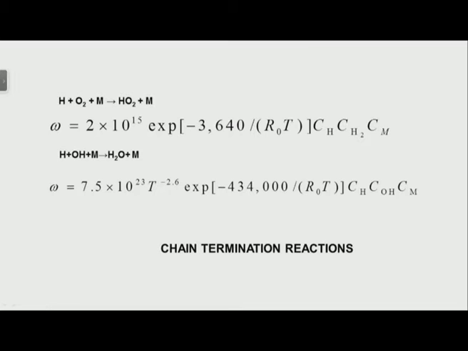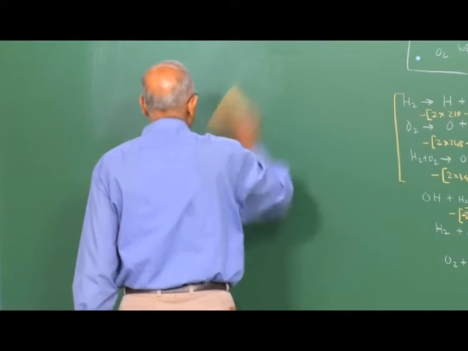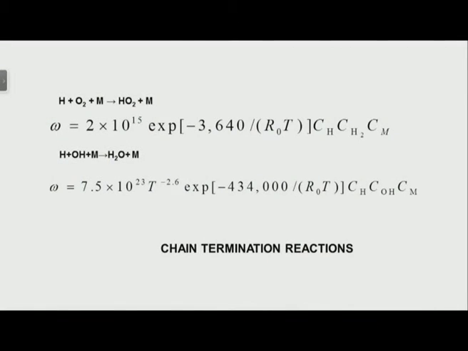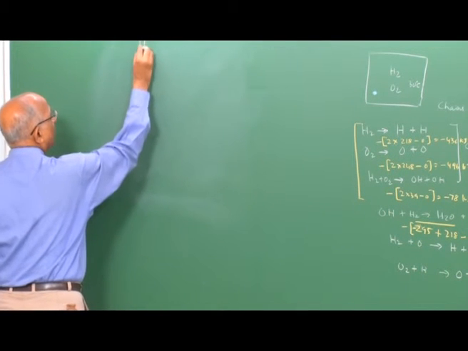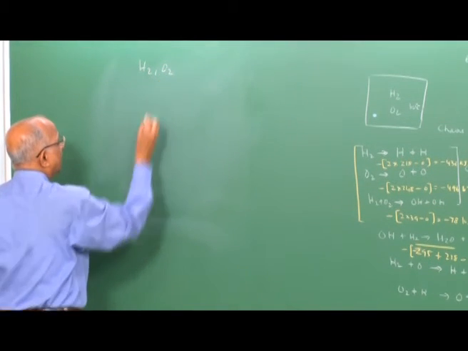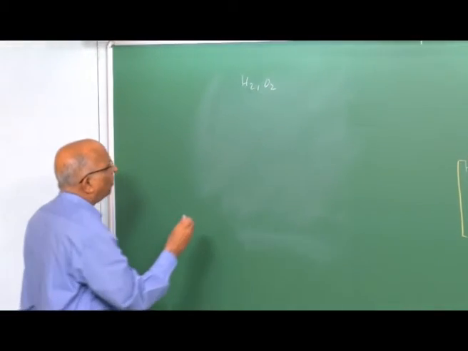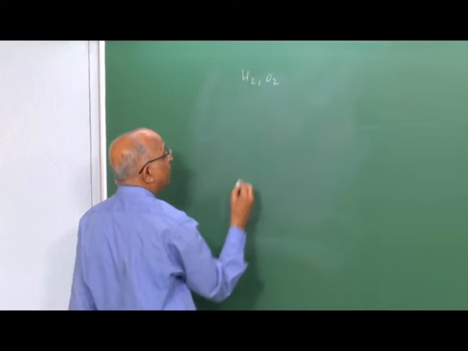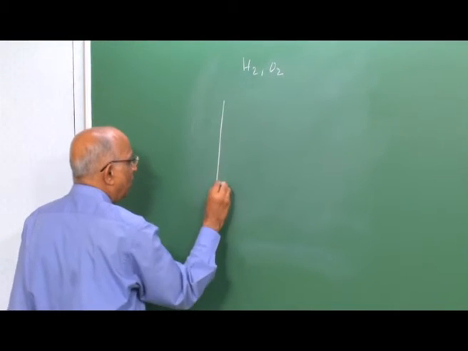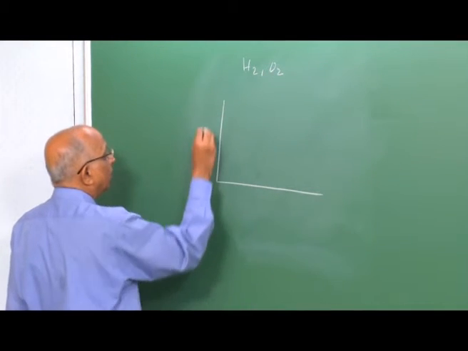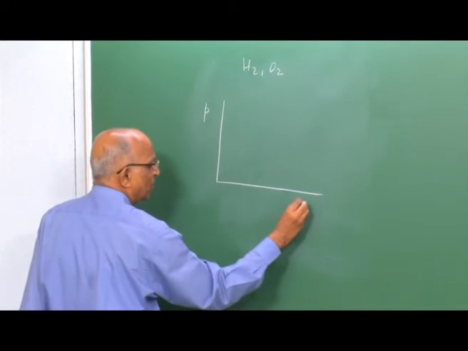Having said this, let us come back and take one last look at the chemical explosions from the point of view of the following. We said, well, hydrogen and oxygen, we will stick to this because it is quite illustrative. Can I say that for all conditions of pressure and temperature, that means I want to take a look at the explosion diagram for pressure as a function of temperature.